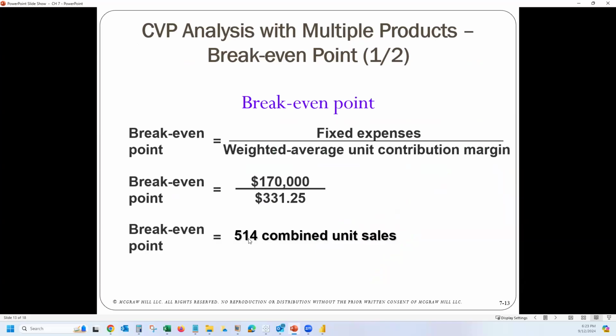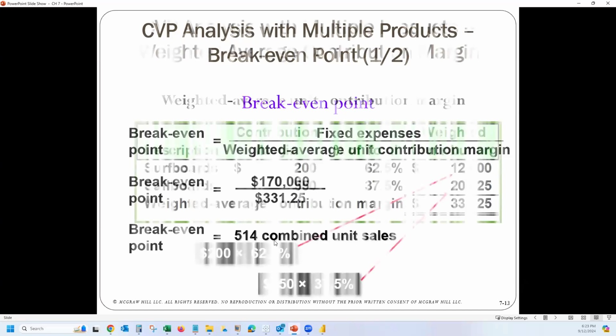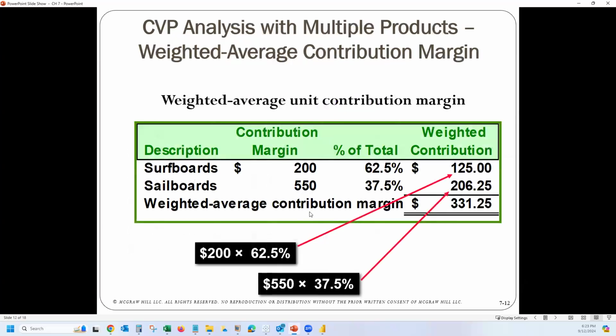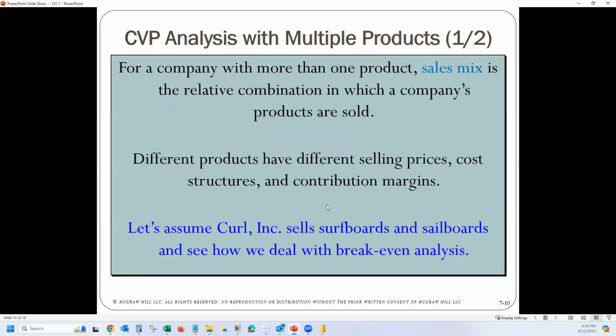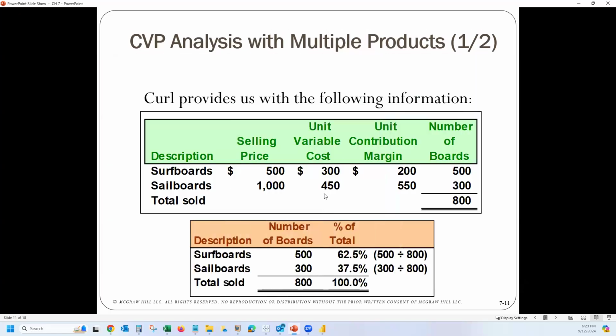Okay, so what does this indicate? It means that the company can break even early if they combine both products and sell them together as a sales mix, as compared to selling each of the products, like what we see here earlier at the beginning, where the company will need to sell 500 for the softboards and 300 for the salesboard to break even.